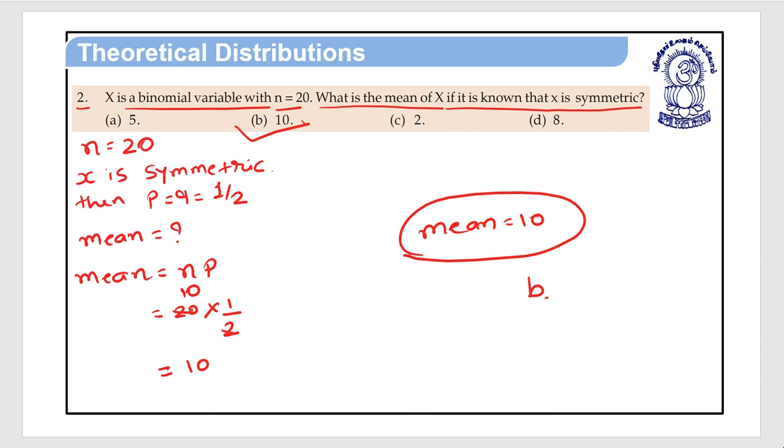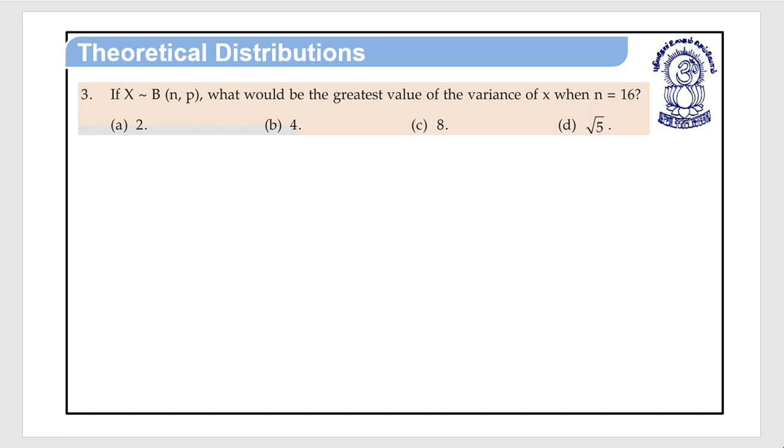Now move to the next question, question number 3. If x is a variable of B(n, p), what would be the greatest value of the variance of x when n is equal to 16?